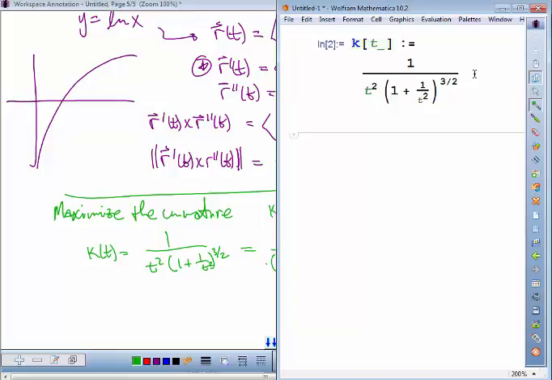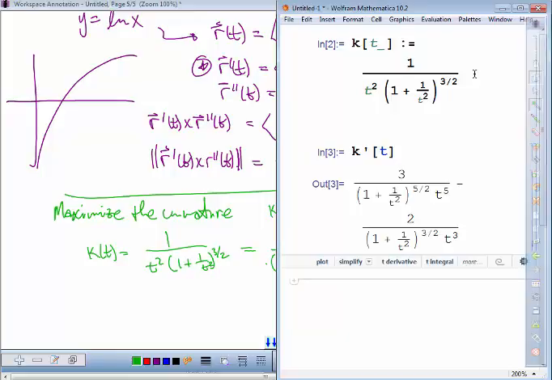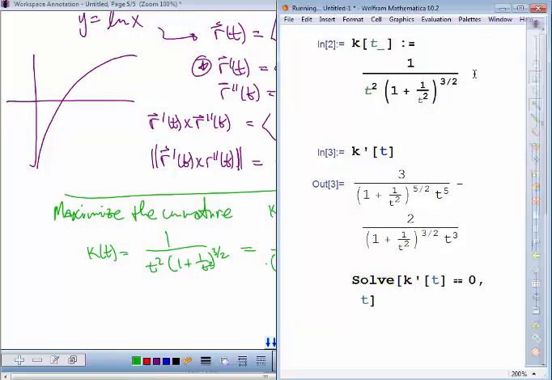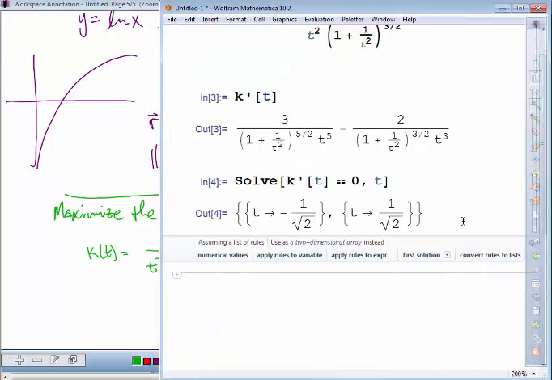All right, let's see. So we don't want to deal with negative numbers because the ln function doesn't exist on the negative side. So let's just say we got our results that we wanted.